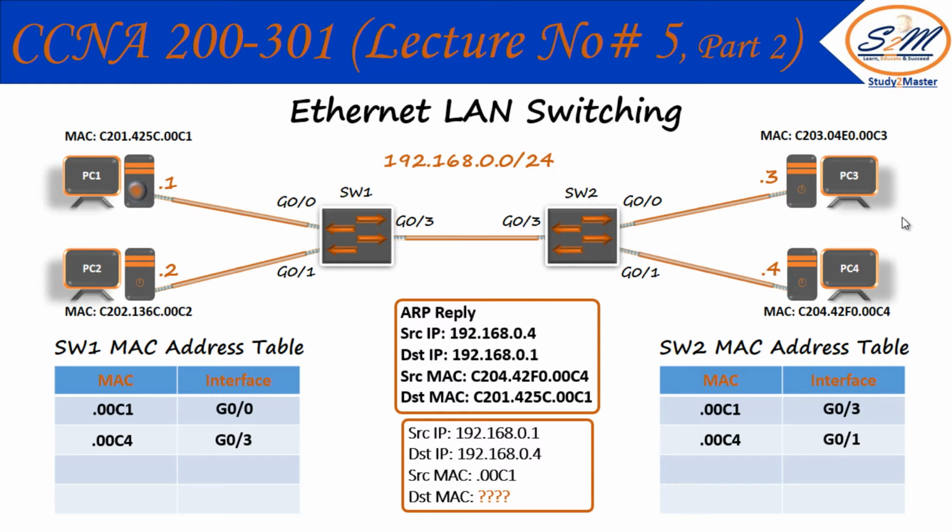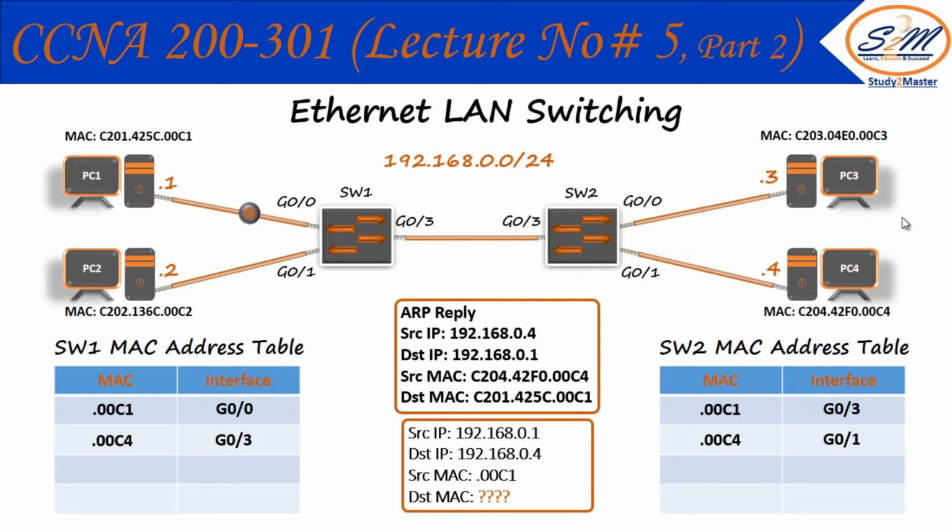So this is the process of how computers send data from one switch to another, how ARP requests work, how a switch knows which computers to send data to, and how they learn the MAC address. This is how they learn and pass the frame to other computers.